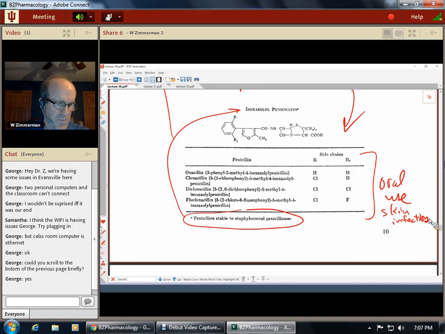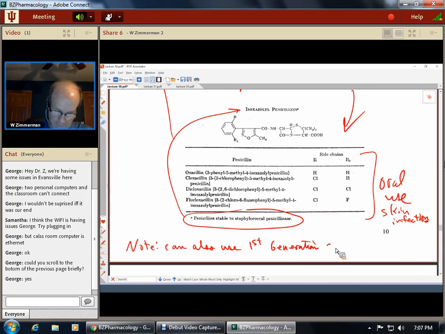Anything else? I think I'll jump the gun a little bit here and just note, you can also use a first generation cephalosporin. I'm just going to say ceph here.